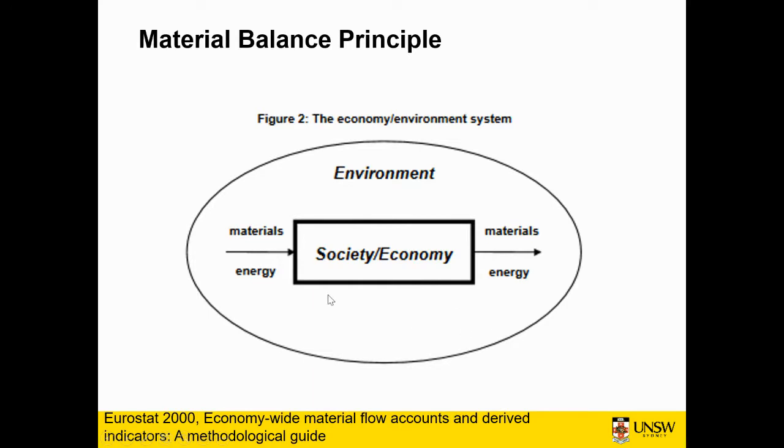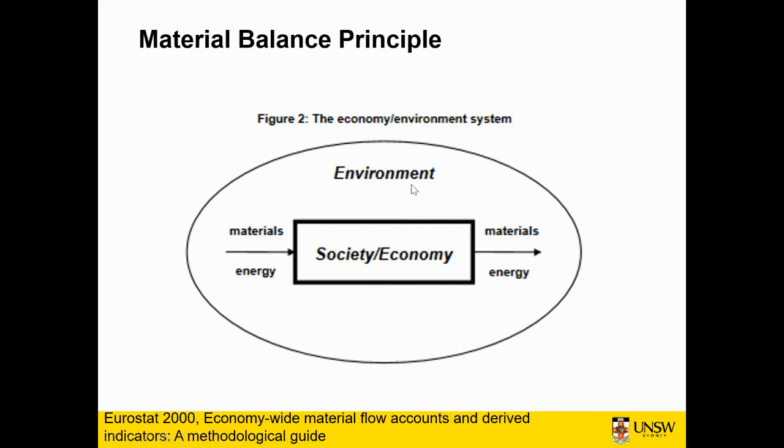So when we think of how society or the economy works in terms of requirements from the environment, if we look at physical requirements, we look at two basic things, which are materials and energy. The economy or society requires an input of materials from the environment.